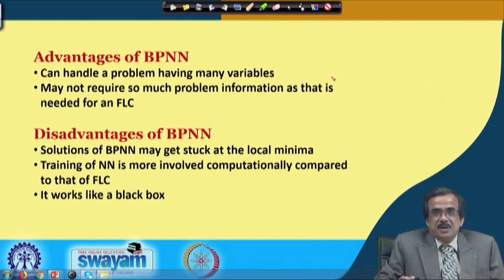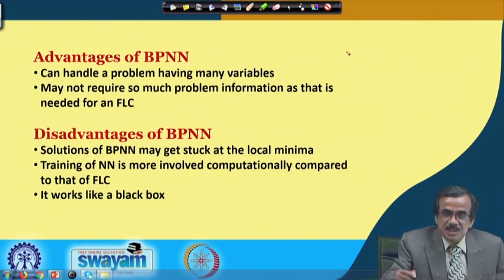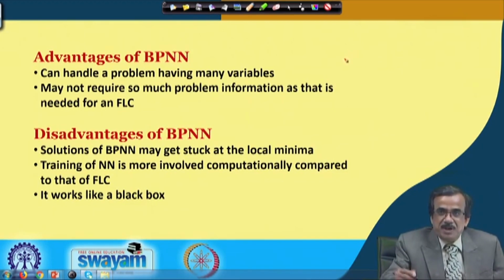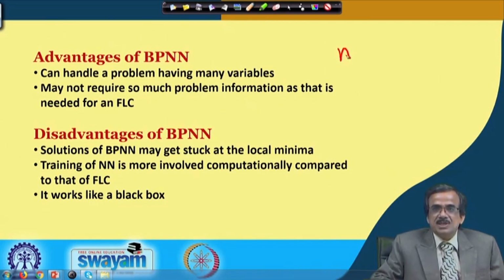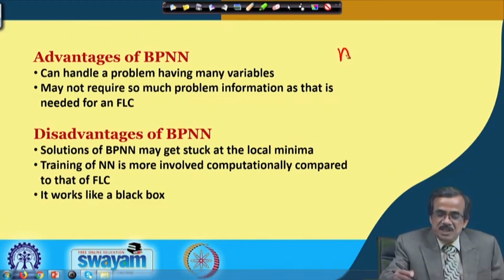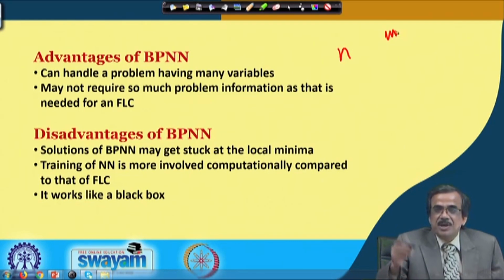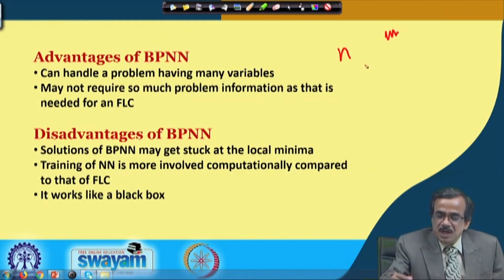exponentially. For example, I have already discussed, if a particular process has n number of input parameters, and to represent each input parameter I use m linguistic terms in the fuzzy reasoning tool, then the total number of rules becomes m raised to the power n.